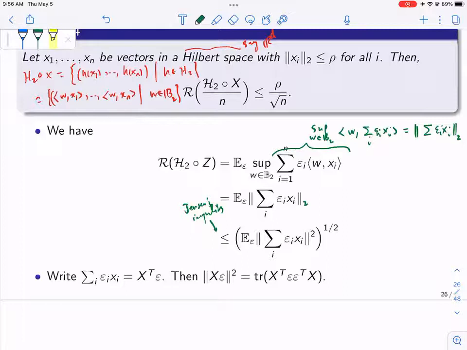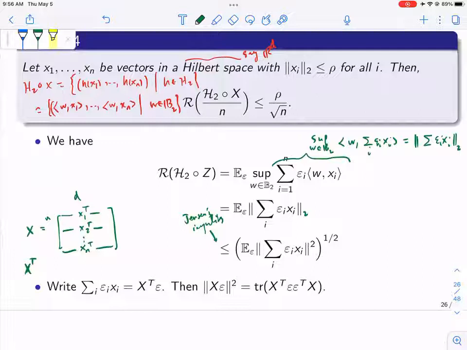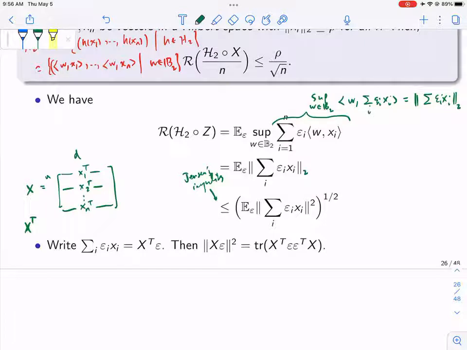So what I'm doing now is, let X be the matrix that has these rows, x1, x2. This is like the design matrix in statistics, right? So it's n by d, d could be infinite. There's a bit of an overload of notation, since I'm viewing X as both a matrix and a set.